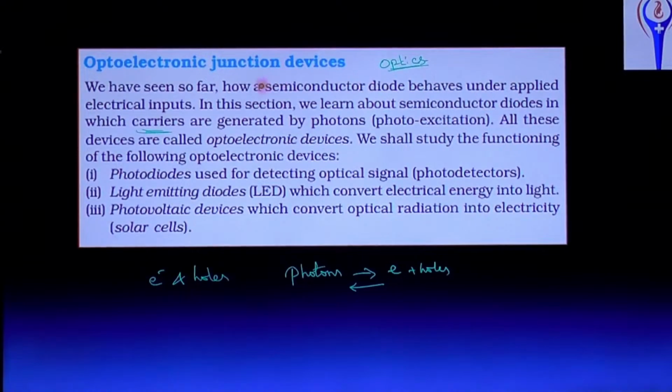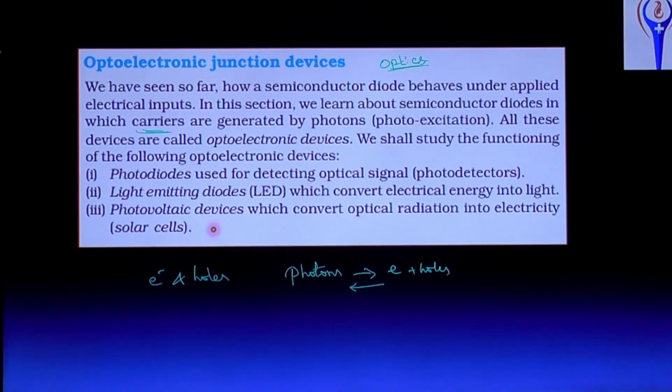Optoelectronic junction devices. Already we know optics means light, and a semiconductor diode behaves according to applied electric inputs. In this section, diodes in which carriers are generated by photons, that is photoexcitation, lead to optoelectronic devices. That is, photodiodes used for detecting optical signals, called photodetectors. And LEDs, light emitting diodes, which convert electrical energy into light.